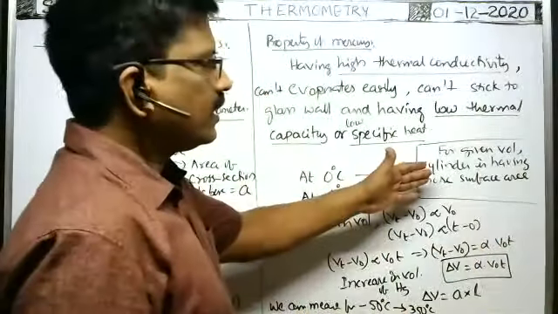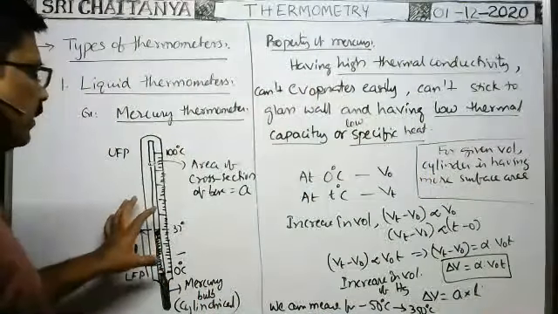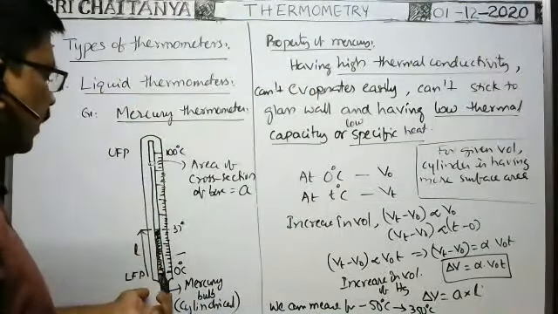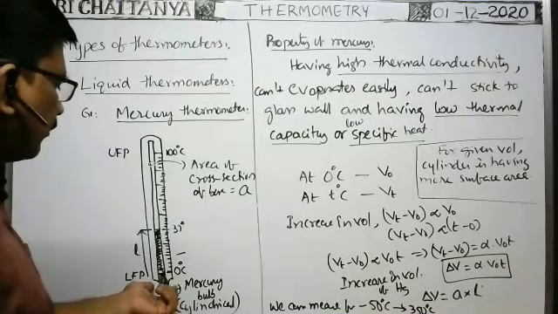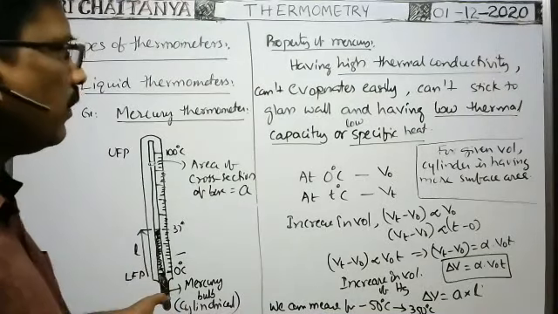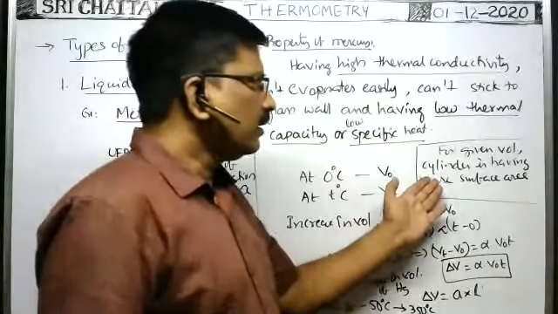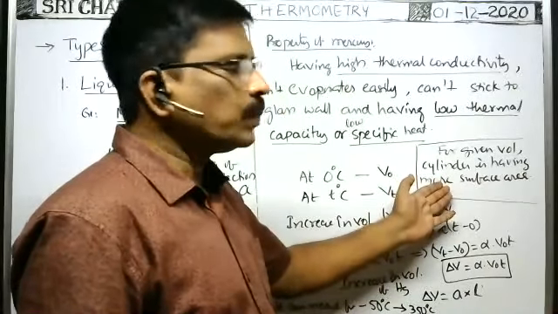So in a mercury or liquid thermometer, the bulb is constructed in the form of a cylinder because for the given volume of the liquid, the curved surface area is more.